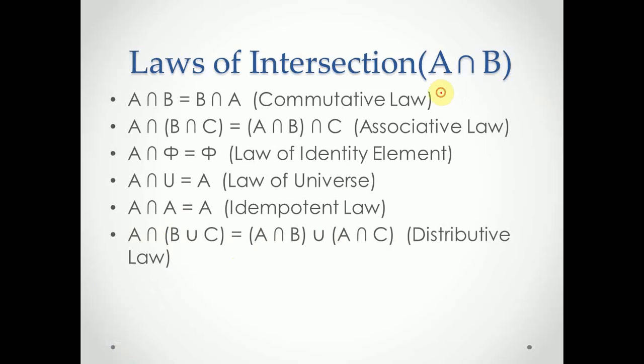So from here we have understood the commutative law and the associative law. These both are common in both the laws of union and the laws of intersection. This is the law of identity element, the law of universe, the idempotent law, and the distributive law.